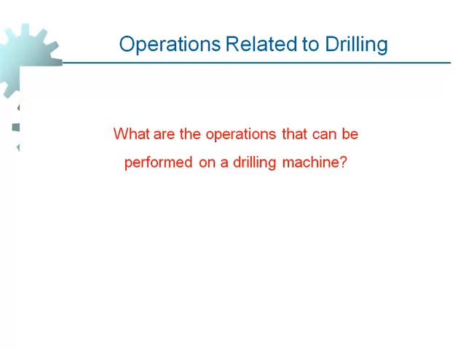Yeah, some sort of milling. Spot milling can be done on it. What else? Boring. You can put a drill on one end. I wouldn't say no, but it's not commonly used for boring purposes because the accuracy of a boring machine is much greater than a drilling machine. The accuracy, precision. What else? Threading. Thread cutting or tapping, yes.